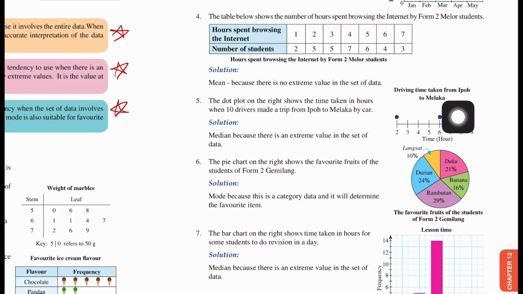Biasanya orang macam ni. Tiba-tiba ada lah orang drive 2 jam. Yang ni dia drift ni dari Ipoh ke Melaka. So, ada extreme values. When extreme values exist, we cannot use mean. So the most appropriate, we can use median, because there is an extreme value in the set of data.